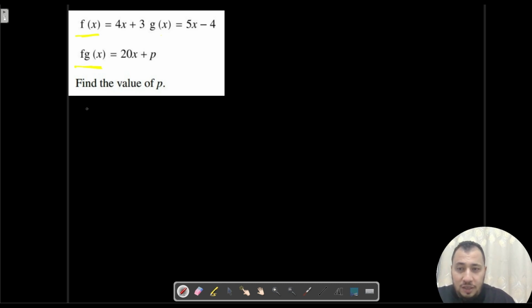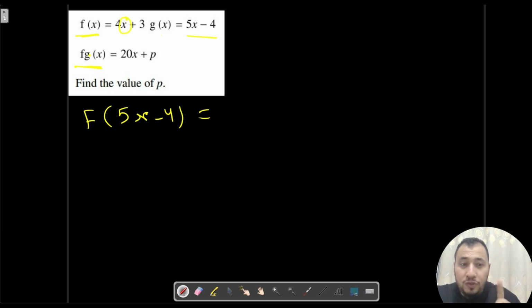Fg of x. So I use f, and instead of g of x here, I'm going to write its value, which is 5x minus 4. This equals, I will go to function f and substitute x here with 5x minus 4, and don't forget to write the 4 as it is and the plus 3 as it is.